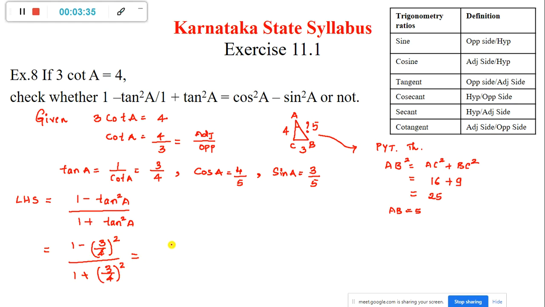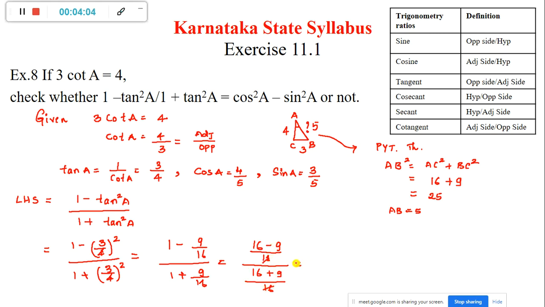This is equal to 1 minus 9 divided by 16, divided by 1 plus 9 divided by 16. Taking the LCM, this is (16 minus 9) divided by 16 in the numerator, and (16 plus 9) divided by 16 in the denominator, and the 16s cancel.